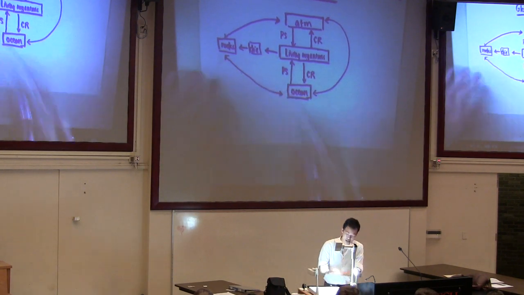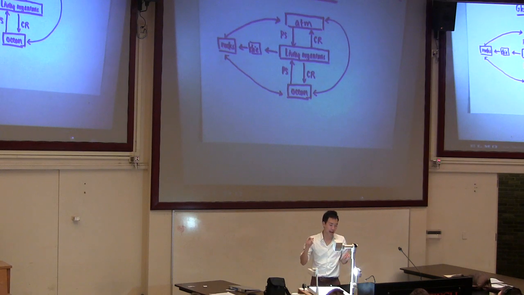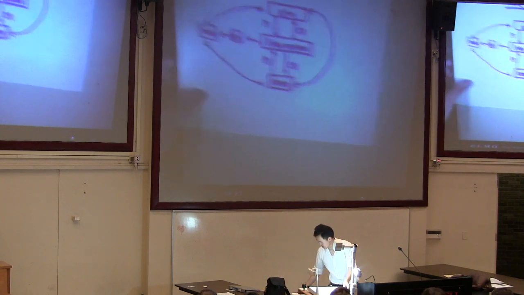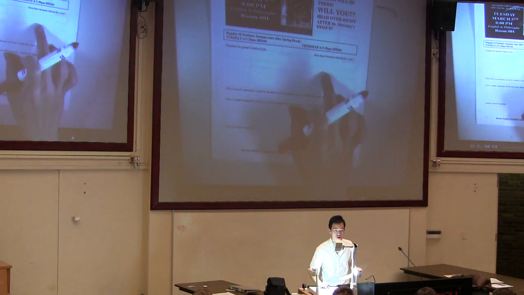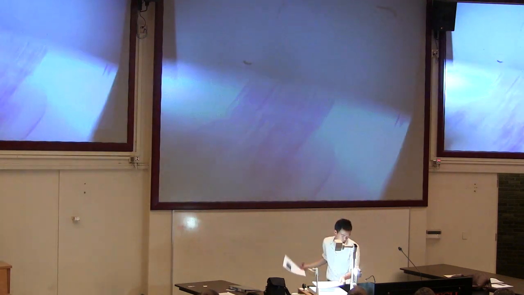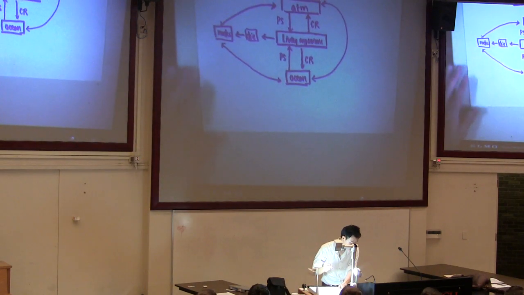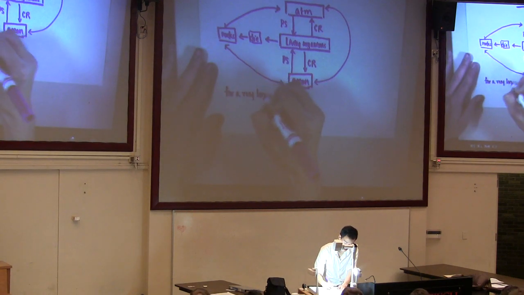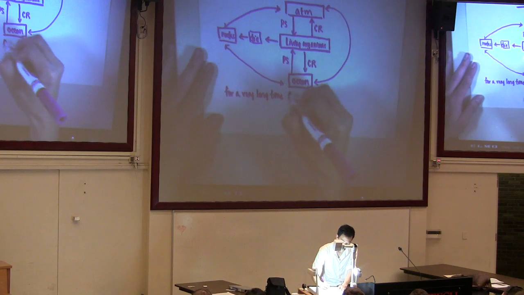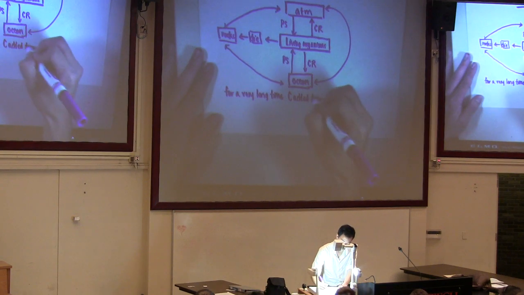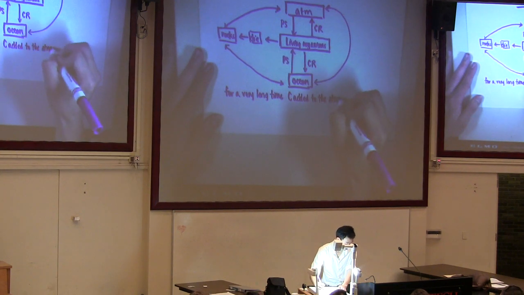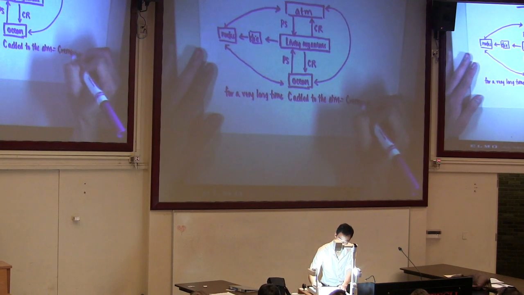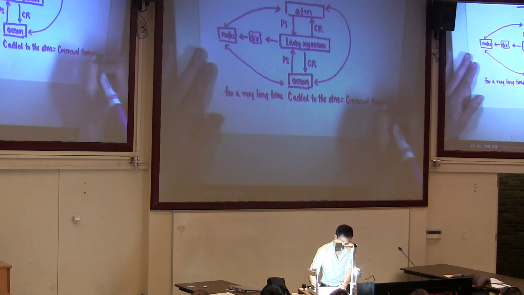Okay? So just keep this at the back of your mind, and using this, let's talk about this right part of the page. How have humans altered the cycle? So for a very long time, the carbon added to the atmosphere was equal to the carbon removed from the atmosphere, right?